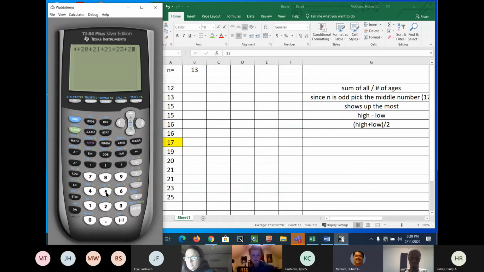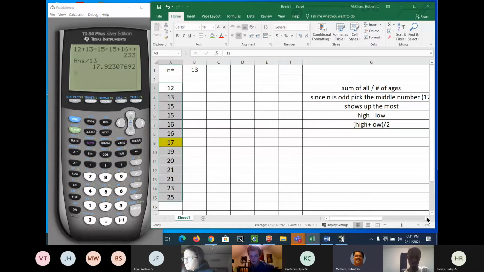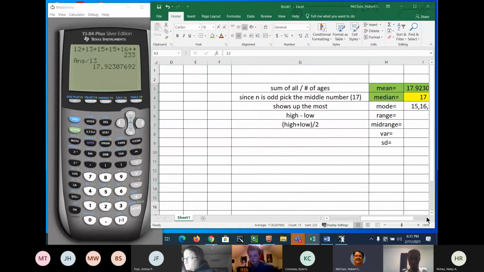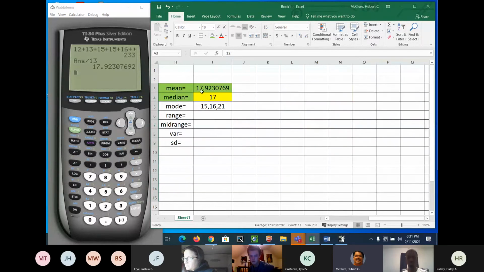And that's equal to that number, and I'm going to divide that by 13. 17.923 and so on. There it is.